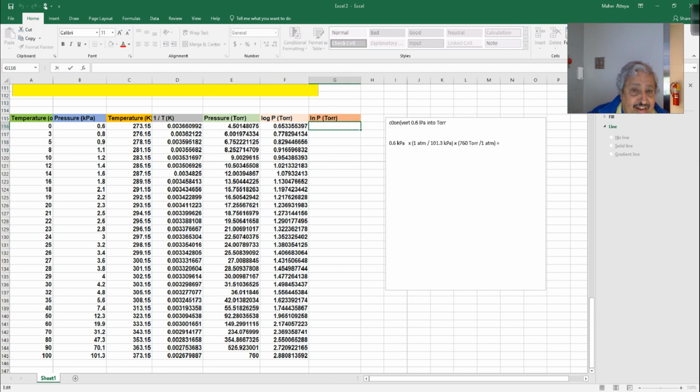So now we'll have the ln of P. Where is your P torr? It is in E116, correct?